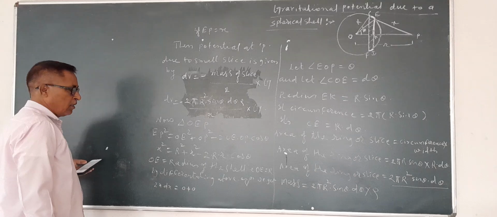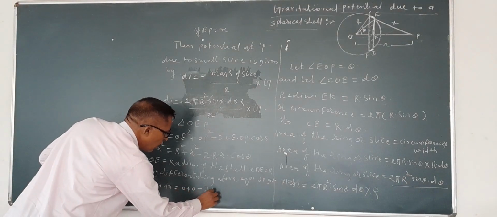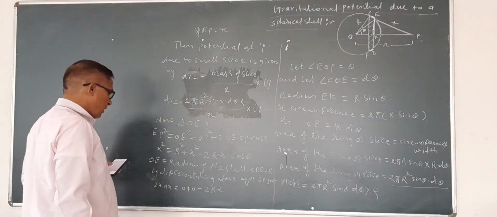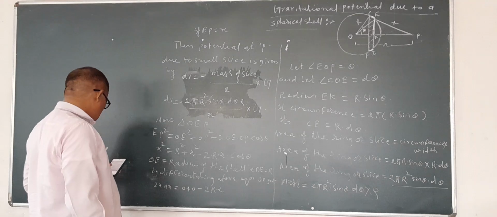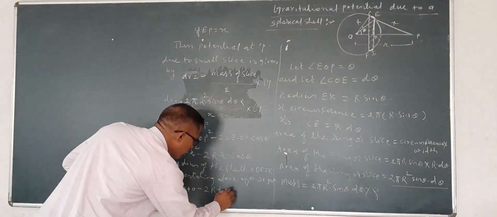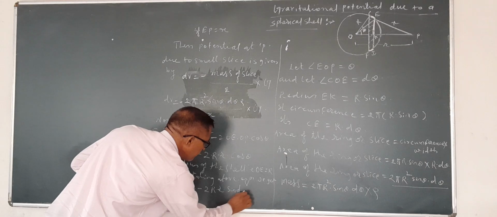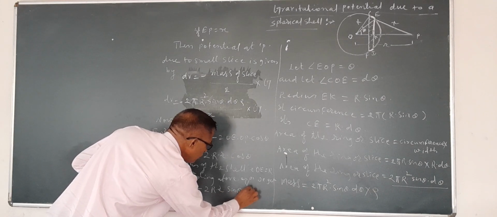Therefore, its differentiation is 0, minus 2Rr, and the differentiation of cos θ is sin θ dθ.